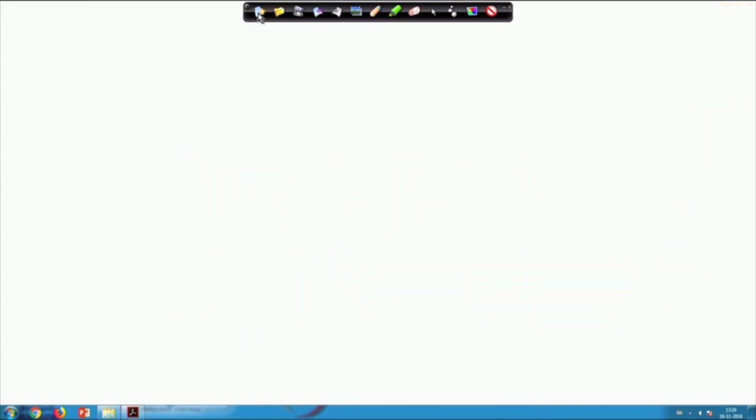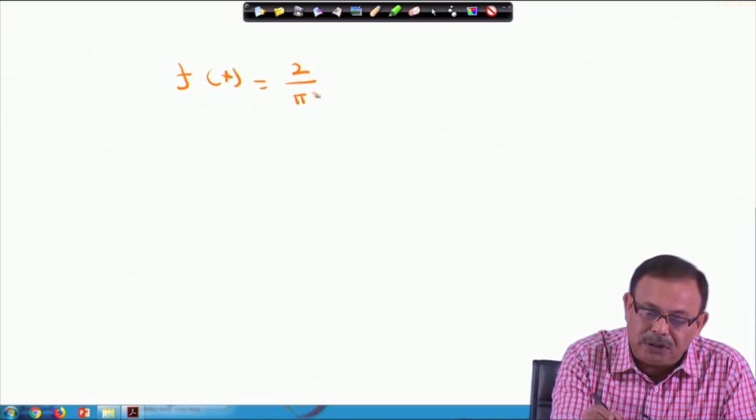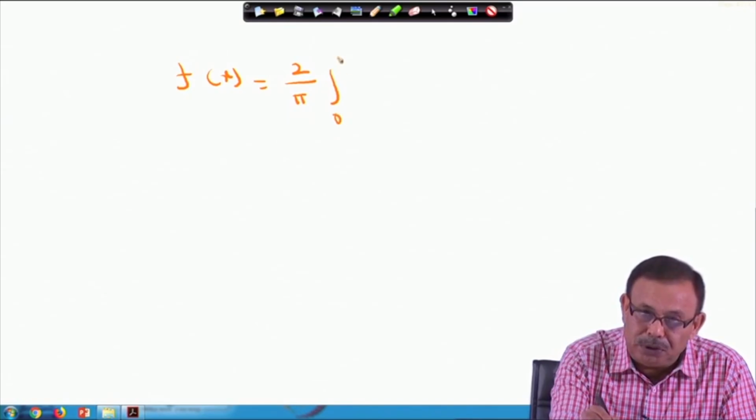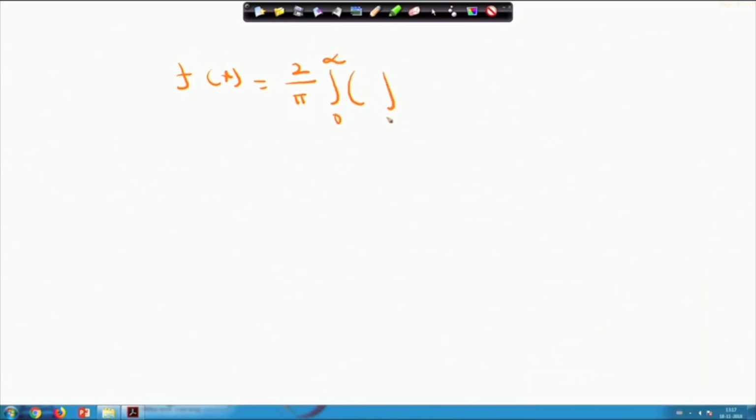Similarly, consider equation 9. I am writing it again: equation 9 is 2 by pi, integral from 0 to infinity of f(t) sin(alpha t) dt, into sin(alpha x) d alpha. We can write the following from here.